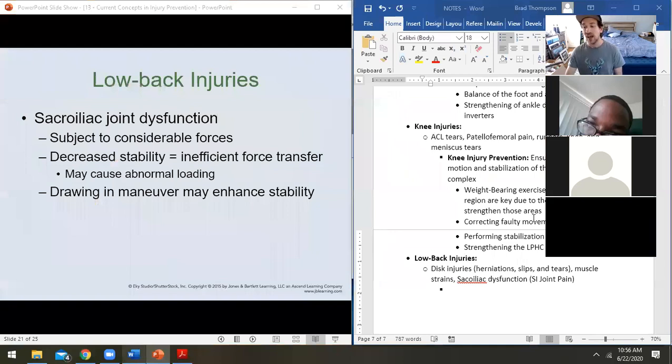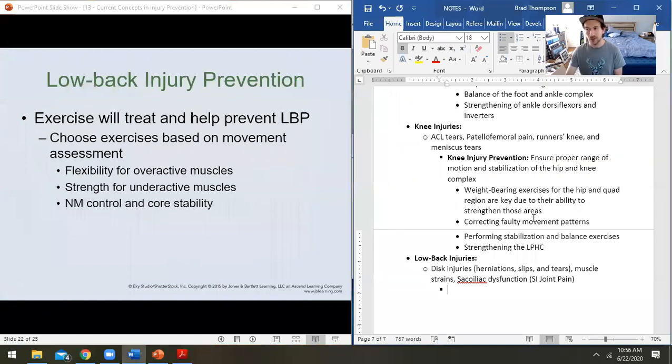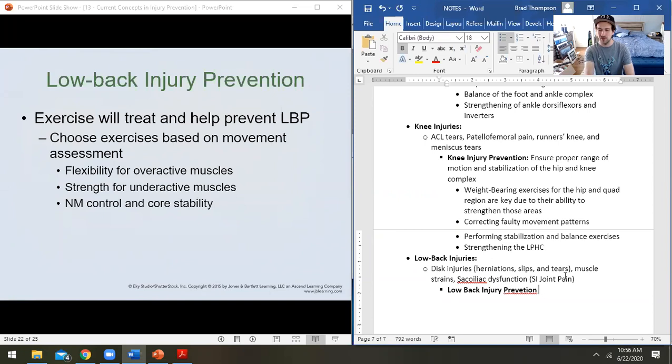So how do we avoid all of this stuff? You're probably like, well, do some freaking planks. And you are right. So low back injury prevention is going to be ensuring proper range of motion again, but particularly you're going to focus on flexibility in your overactive muscles and strengthening of your underactive muscles.